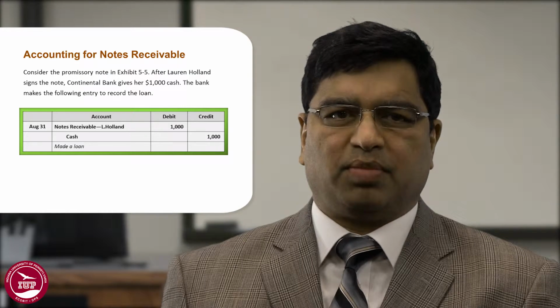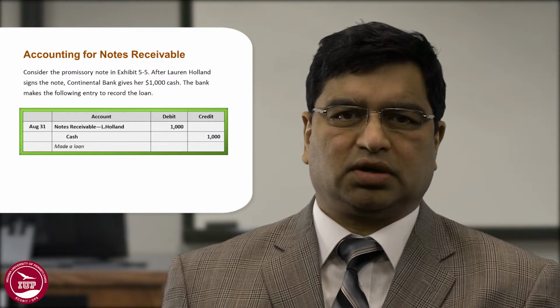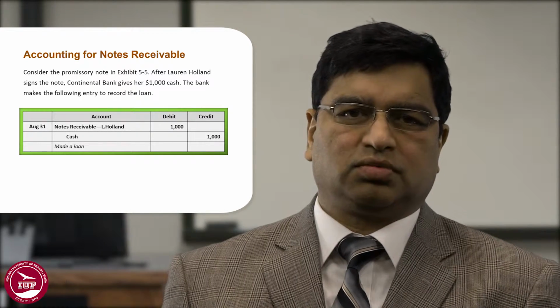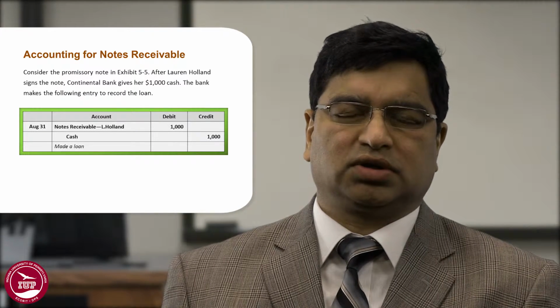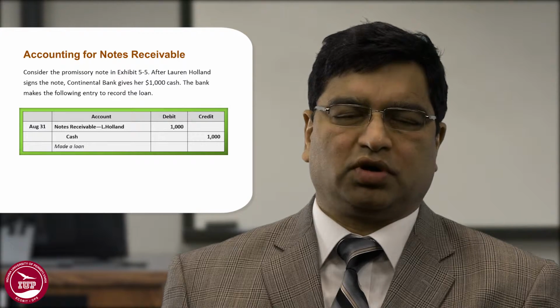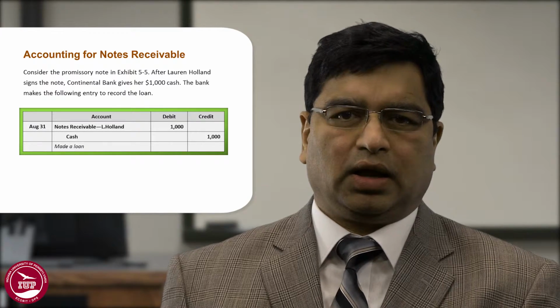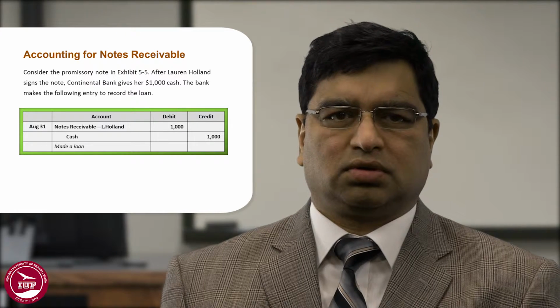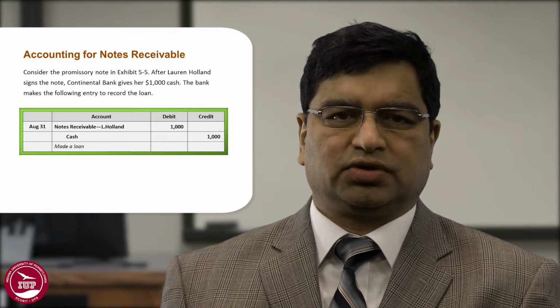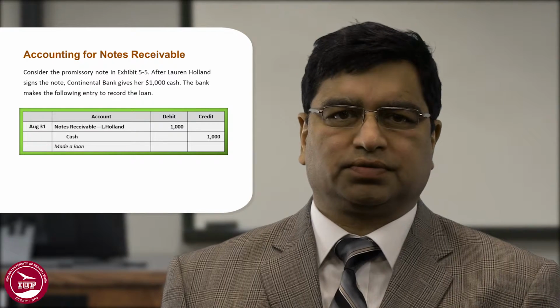This is the bank, the creditor, making the entry. Notes receivable is an asset for them because they have the right to receive the money at a certain point of time from Mr. Holland, and they are paying cash for that notes receivable, $1,000 to Mr. Holland.